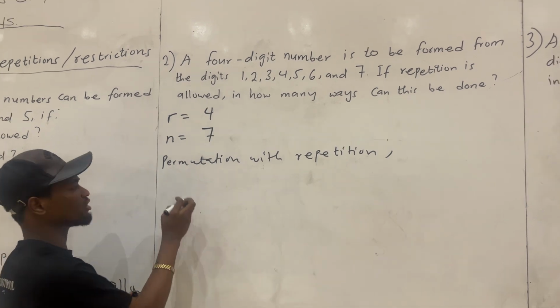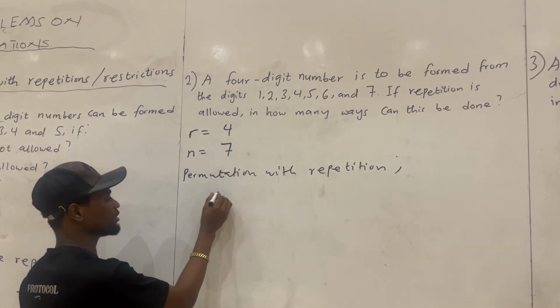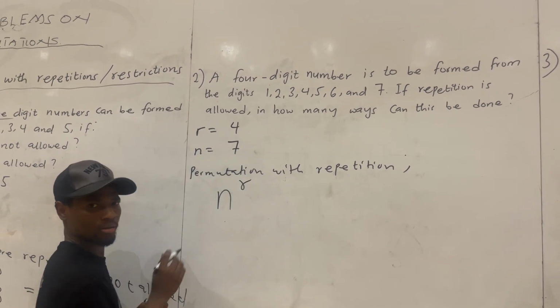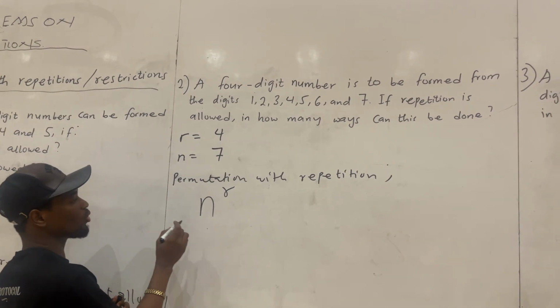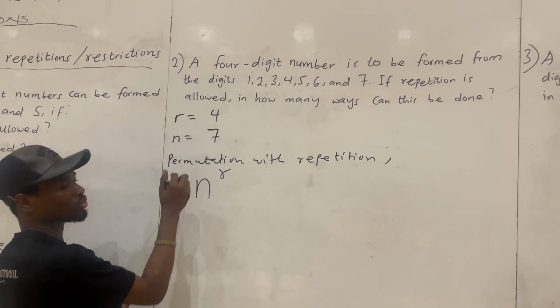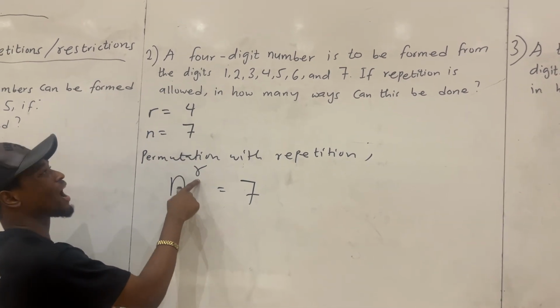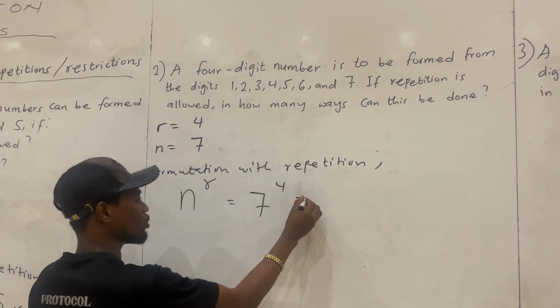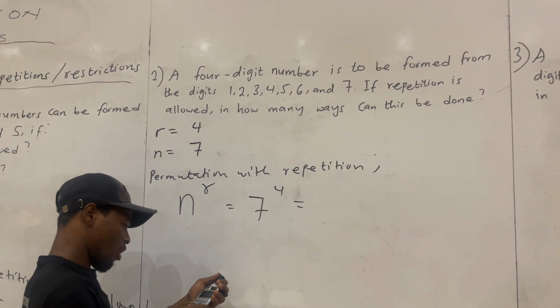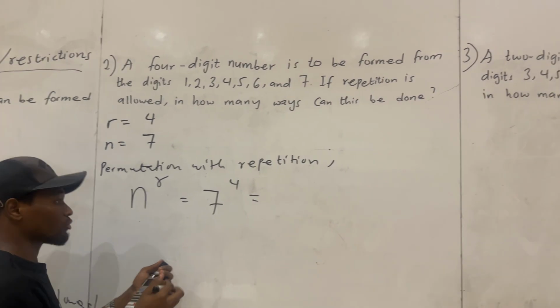So with repetition, the formula is n raised to the power r. What is my n? n here is equal to 7. So you have 7 raised to an exponent of r, which is equal to 4. By the help of the calculator, I get 2,401.